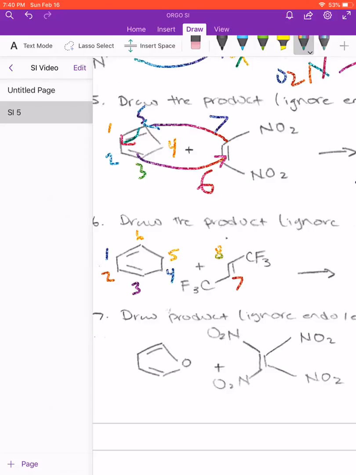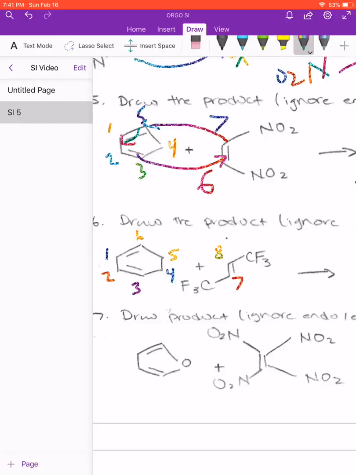So again, we have 6 carbons in the diene because that's a hexadiene, right? Because it has 6 carbons. So that's why we got 8 carbons in total instead of 7 in the last reaction, just in case you were confused.